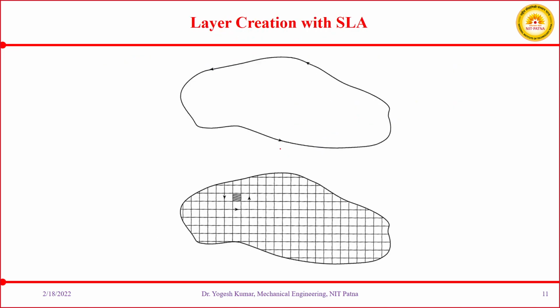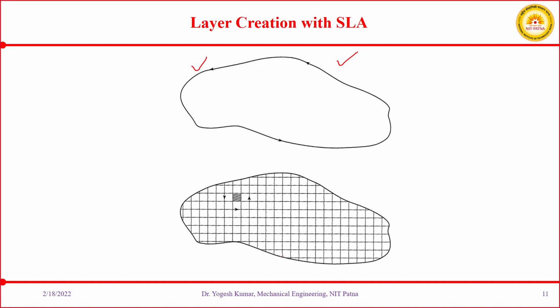Okay. So this is one example of how one layer is getting solidified. Suppose we have a thin liquid resin spread over your build platform. First, it creates a periphery of your layer. Then here you can see the movement of your UV laser in this controlled area.